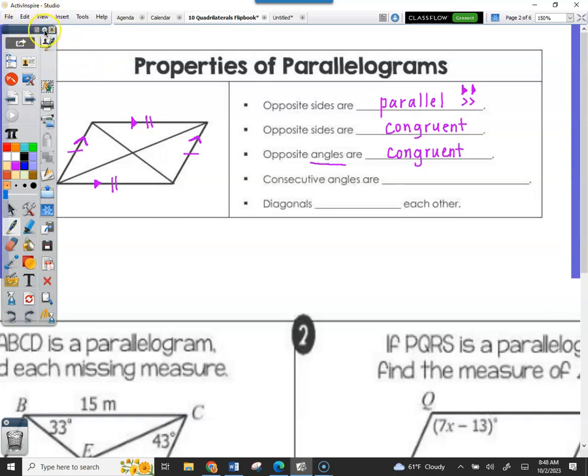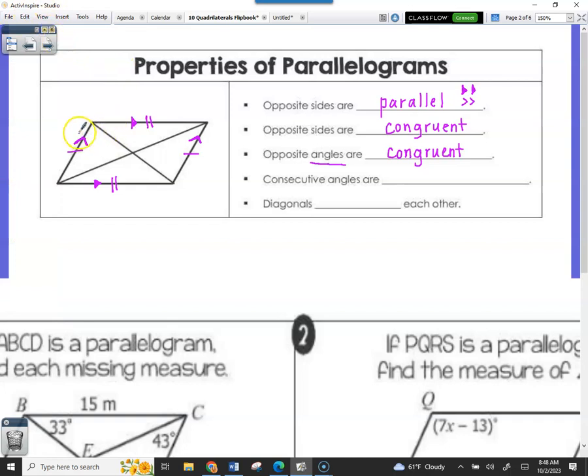I'm also going to name the corner. I'm going to mark this really big and exaggerated with an arc and call it A. And then I'm going to come over here and mark this really big and exaggerated and call it C. So opposite angles are congruent.